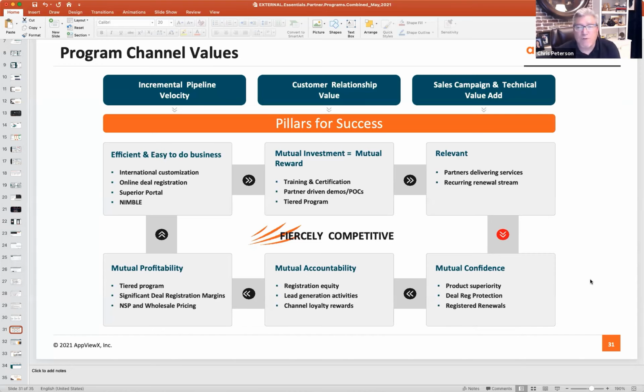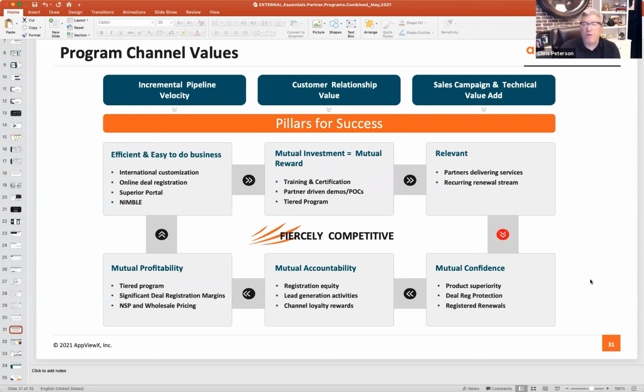So we built a program based on those pillars under the orange box. Efficient and very easy to do business with. We expect and we will mutually invest in each other relative to training and certification. We have a tiered program that I'm going to talk about in just a minute. And then we jump to the next box, which is being very relevant to your business.